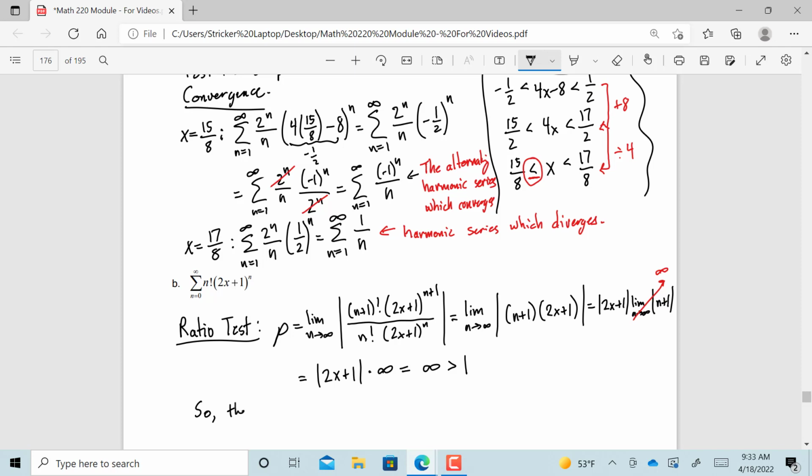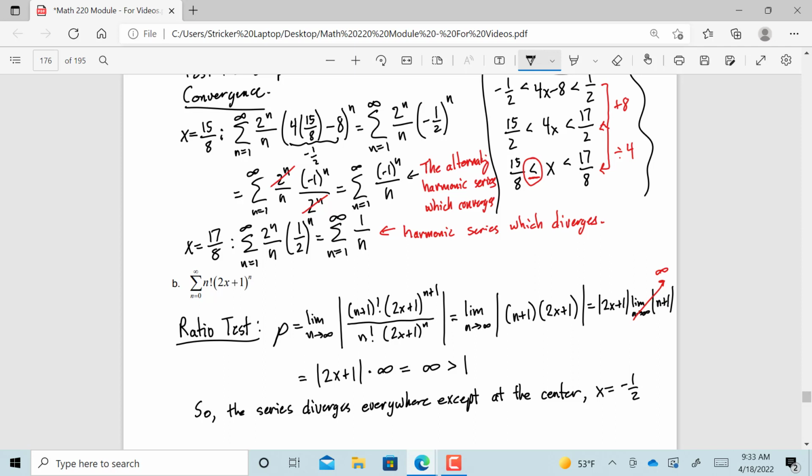So the series diverges everywhere except at the center, which is the value x equals negative 1/2.